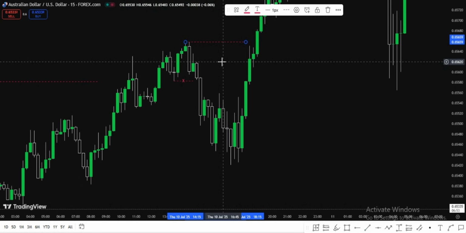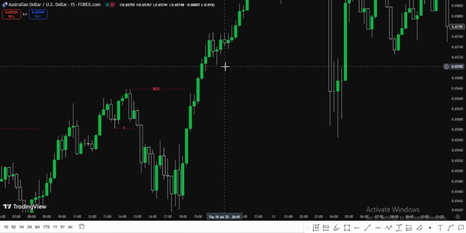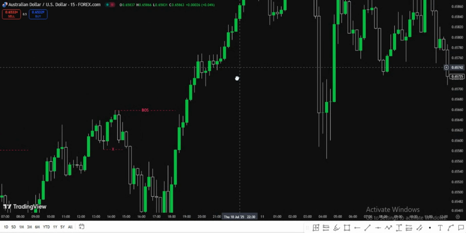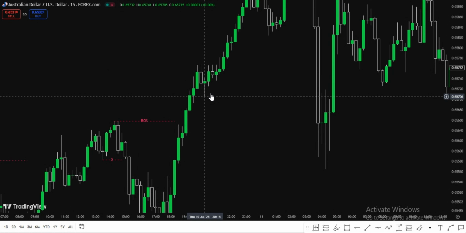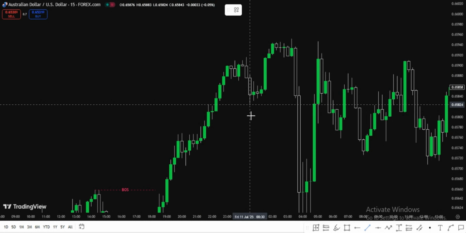This is our breakup structure. So after the breakup structure, where is our inducement? In this leg. This is inducement, but the market pushed up, and the inducement is here.